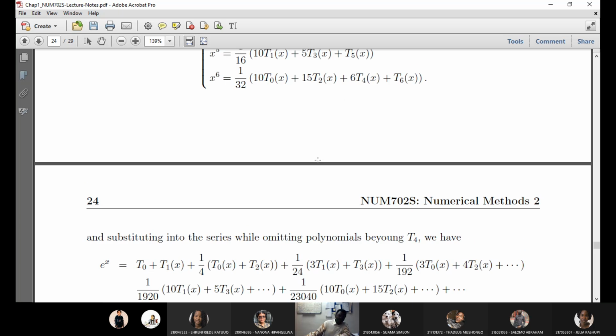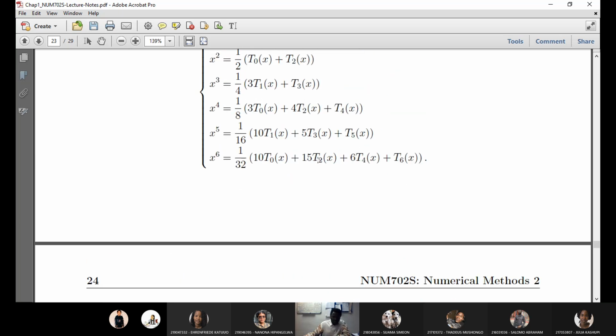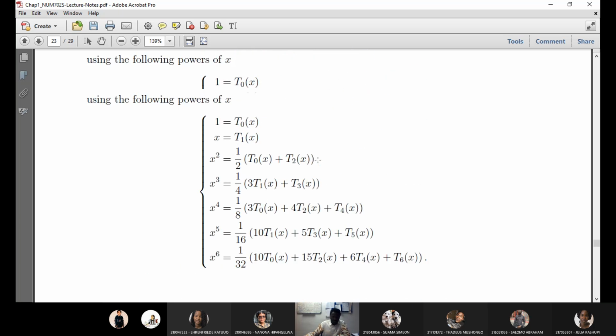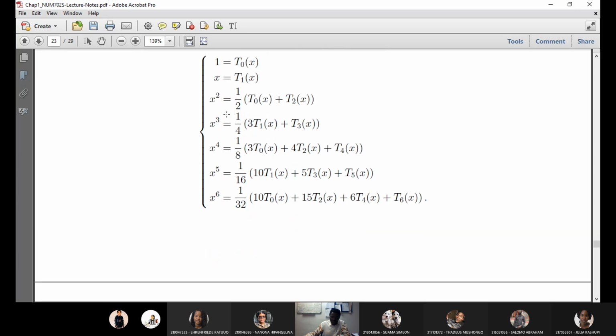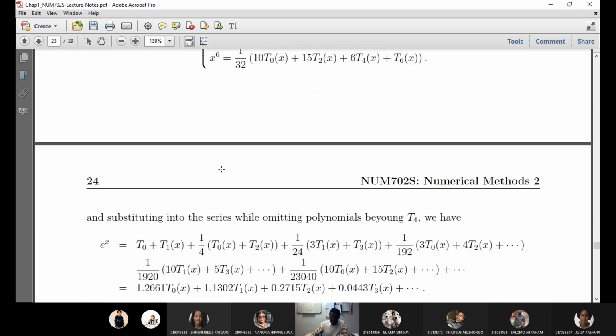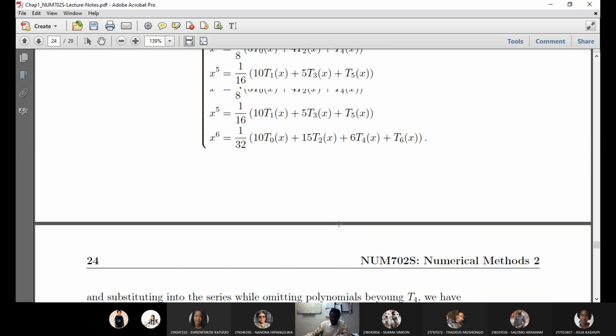Okay, let's look at this example and substitute. You will understand what I'm talking about. Here we have our xk from k equal to 0 up to k equal to 6. We take this and substitute into this expression of the exponential.